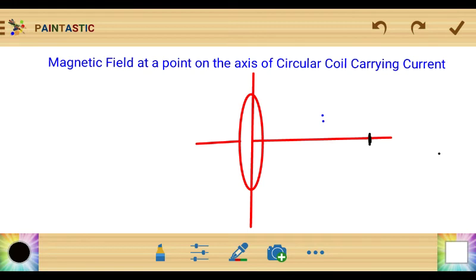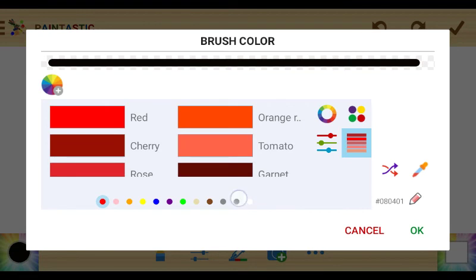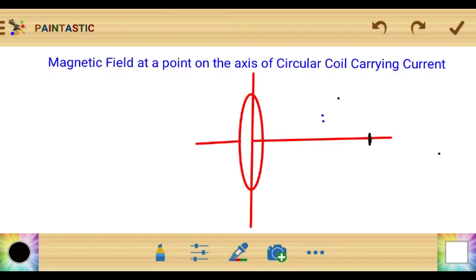Now, let's name it. To find out the magnetic field at point P, to apply the Biot-Savart law, we first choose a very small portion of it, at the top and bottom.